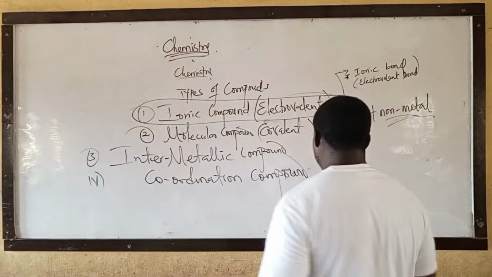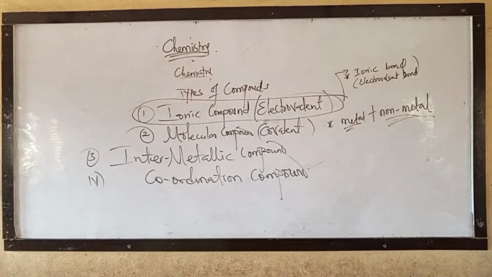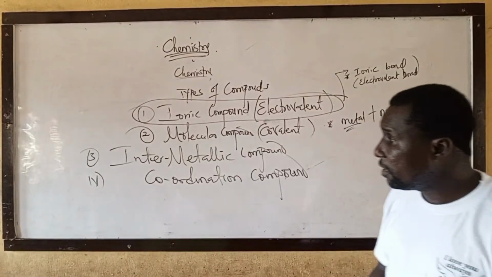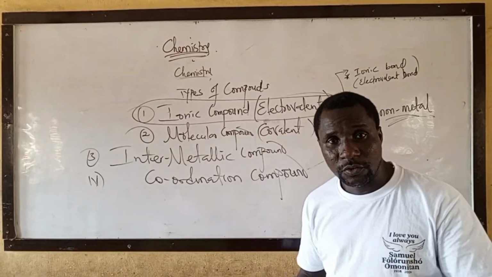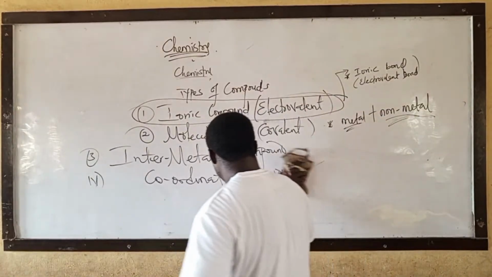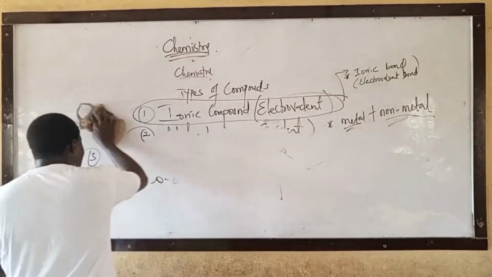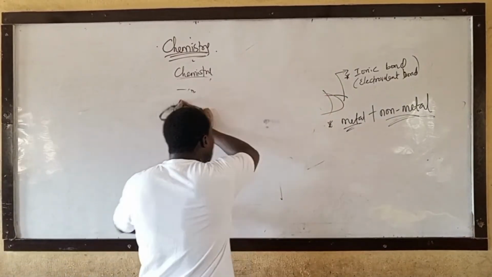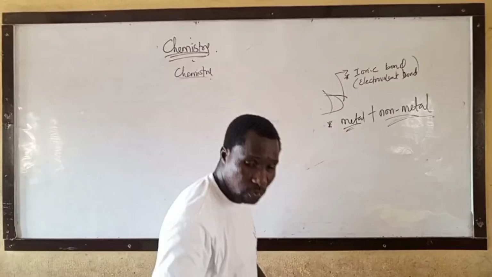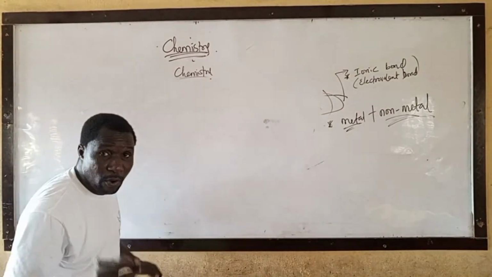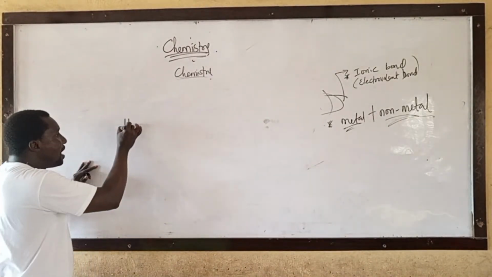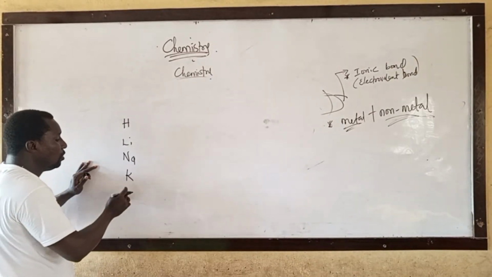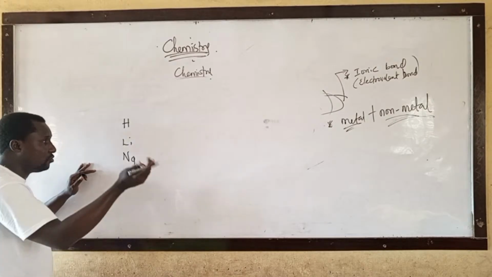The problem now is most of you cannot identify metal elements and non-metal elements. Let me quickly give you this to know: the periodic table of the first 20 elements. You have hydrogen, lithium, sodium, potassium, rubidium, calcium, francium.